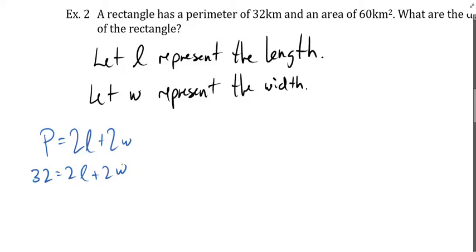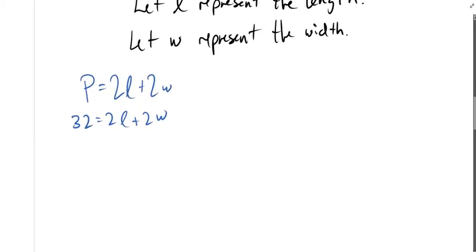And I'm going to solve this. I can solve it for L or for W. I'm going to solve this one for L. So I'm going to subtract 2W from both sides and divide everything by 2. 32 divided by 2 is 16. 2W divided by 2 is W.